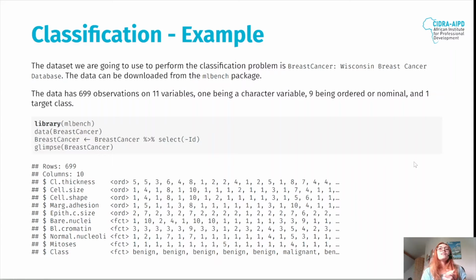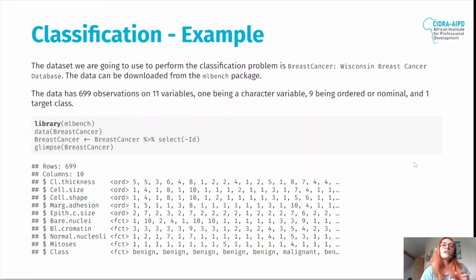But let's start with the example now. The data set that we're going to use to perform this problem is the breast cancer data from the Wisconsin Breast Cancer Database. This data set can already be downloaded from one of our packages called MLBench. MLBench stands for ML Benchmark.